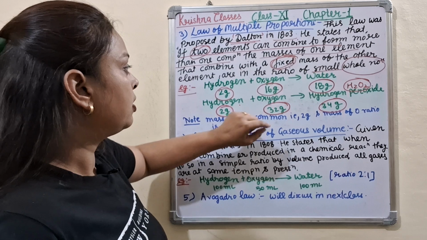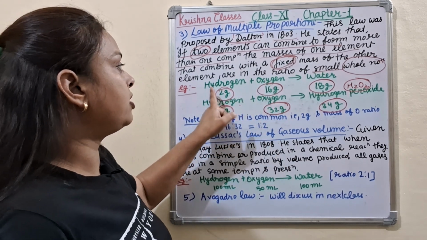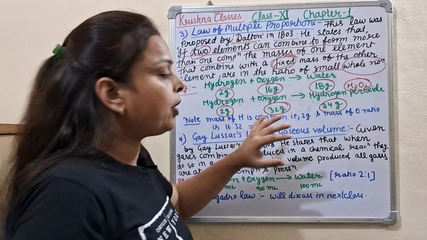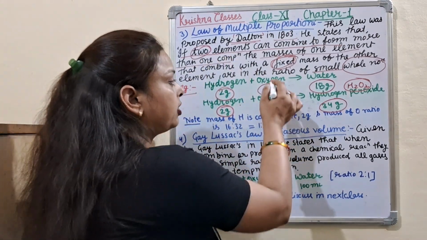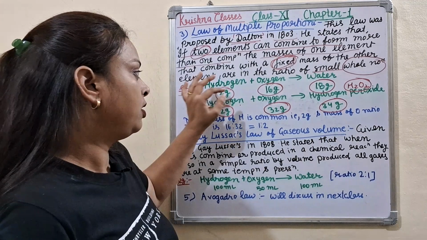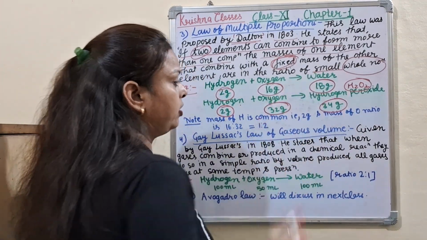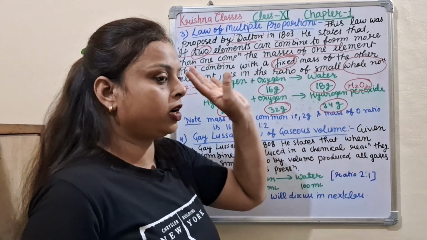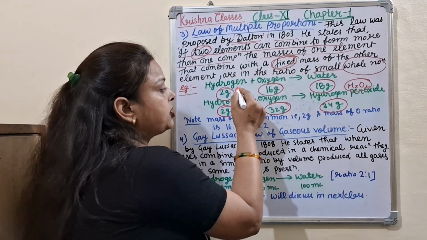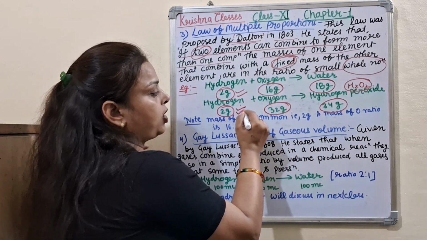So here oxygen always reacts with a fixed mass of hydrogen, when it forms water and when it forms hydrogen peroxide. In both cases, the mass of hydrogen is fixed, 2 gram.